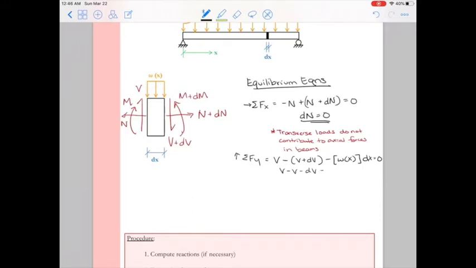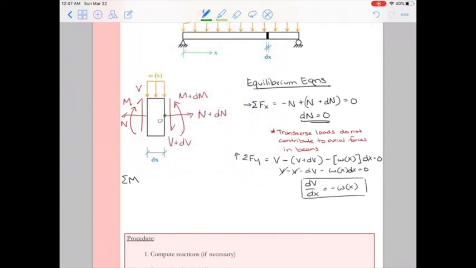So just writing all this out and putting my negative signs through, I'll see that V and V will cancel with each other. And so basically I can write an expression for dV in terms of dx. I can show that dV/dx equals negative omega of x. And that's going to be a key relationship. That tells me that the derivative of shear equals negative omega of x.